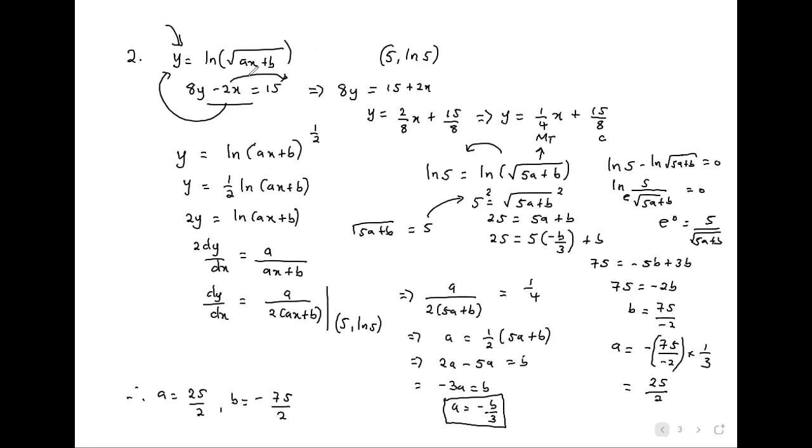B is saying, find the equation of the normal line to the curve at the point 5, ln 5. Nothing is hard here. We've seen now, we know what a and b are. In fact, even if we don't know, we don't care.